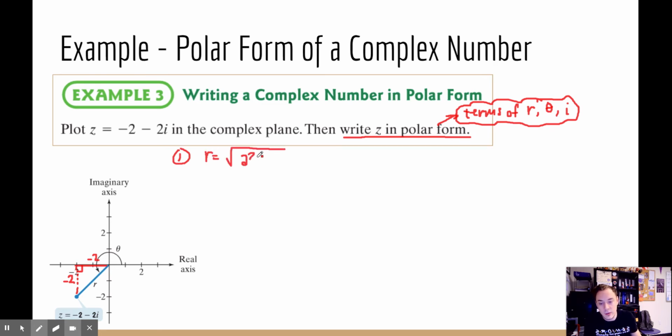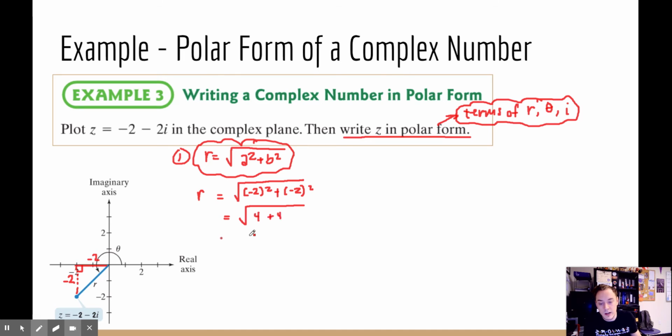But just in case you did not know that, let's just use our formula. So this is the square root of a squared plus b squared. I already know based off special right triangles, it's going to be 2 radical 2, but I'm just showing you why this is the case. So my a is going to be -2. I square that. My b is -2. I square that. This is going to be 4 plus 4. This is radical 8.